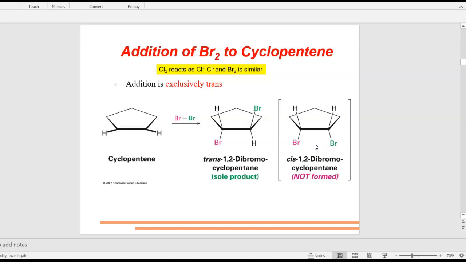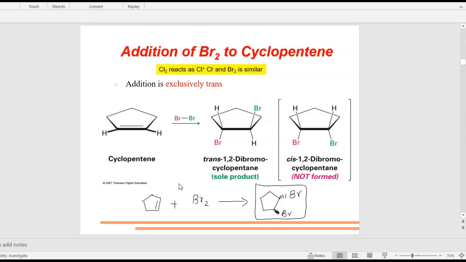Okay, so to illustrate that in a little different manner, if you have an alkene and you react it with Br2, then you get a trans addition where one Br is down and the other Br is up. You will not get the cis product where both Brs are either down or both Brs are up. Okay, so this is my exclusive product.